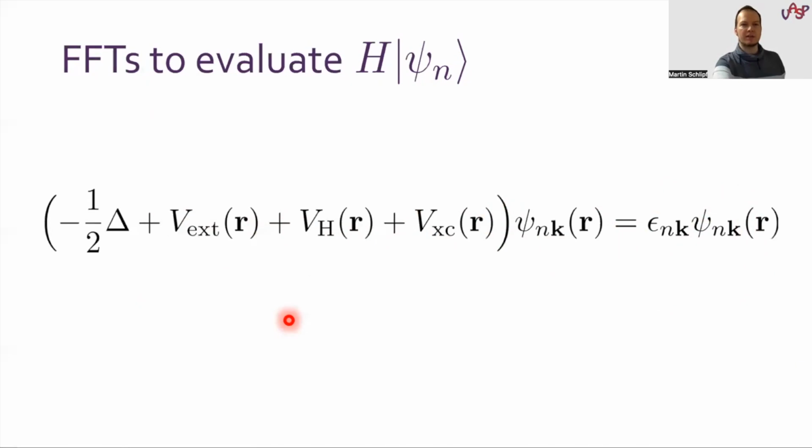Often the exchange correlation potential, the Hartree potential or kinetic energy, for example, are easily evaluated in reciprocal space where they're diagonal. So we frequently change the orbitals to apply this Hamiltonian in the basis that is the most efficient to do it. And to do so, we need to perform fast Fourier transforms on these orbitals. So this is essentially one of the most important costs in plane wave density functional theory.